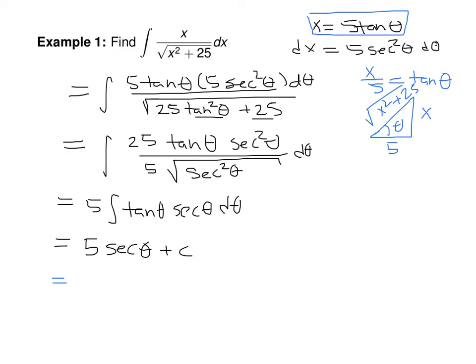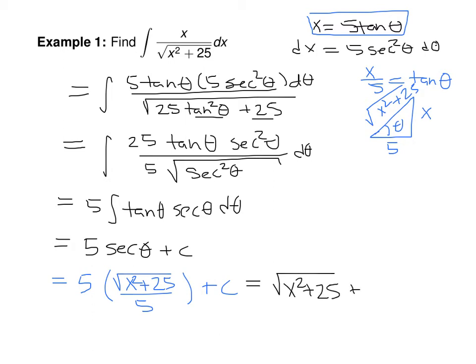So we have 5 times root x squared plus 25 over adjacent, which is 5, plus c, which just simplifies to root x squared plus 25 plus c.